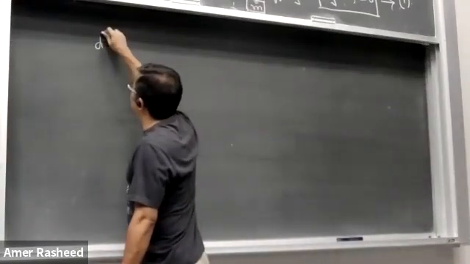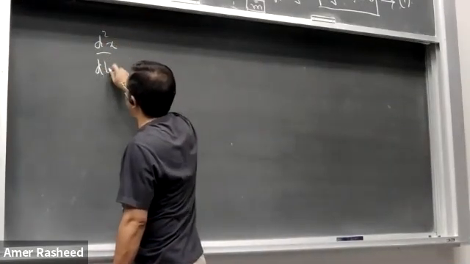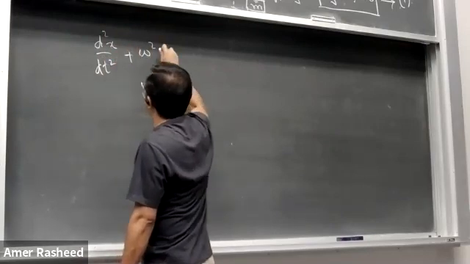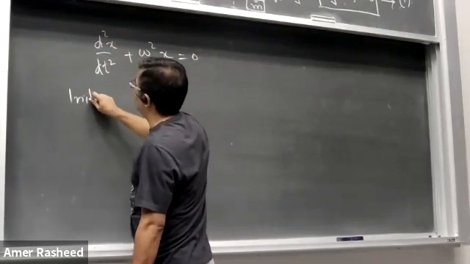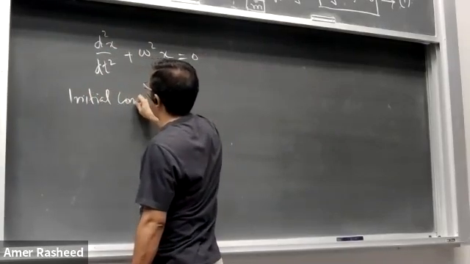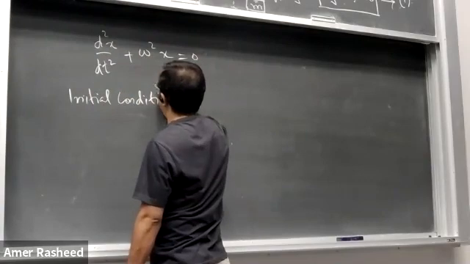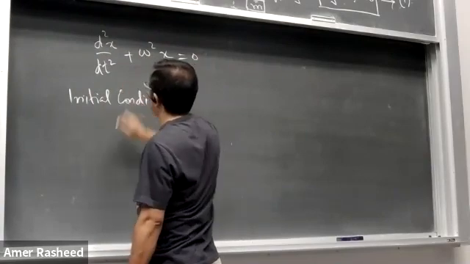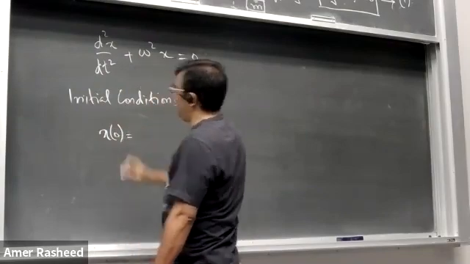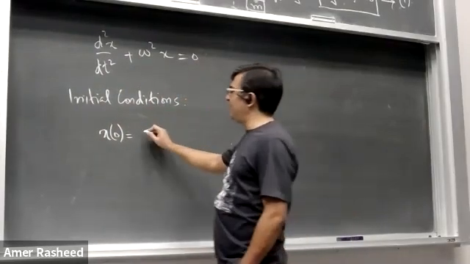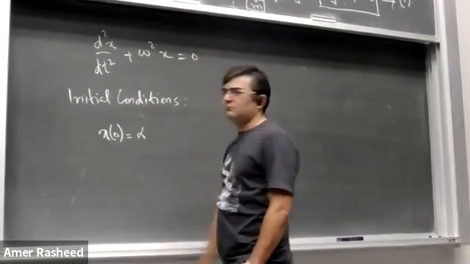The equation is d square x by dt square plus omega square x equal to 0, and we assume that the initial conditions which suit this phenomenon are what? x of 0: when time is 0, the displacement is some constant, maybe alpha.